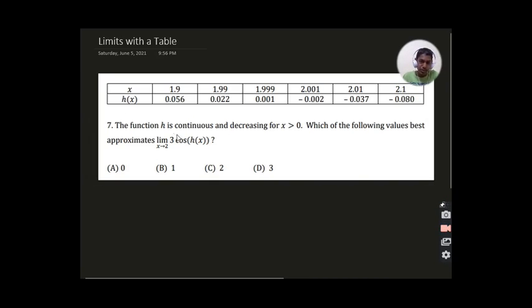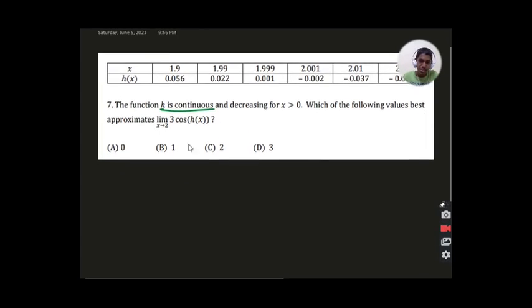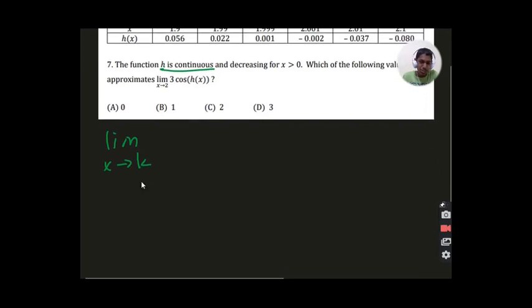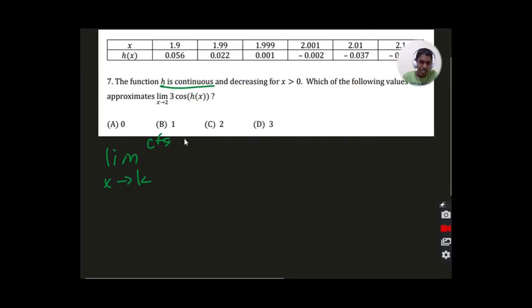Okay, so limits with the table. So function h is continuous, right? So, okay, what does continuity mean? I've been referencing it so much. So basically, if you want to be continuous at some point, let's call this k, because that's not usually used, then the limit as you approach k for some function f of x has to exist, first of all.